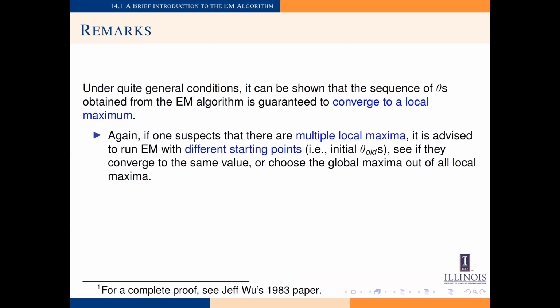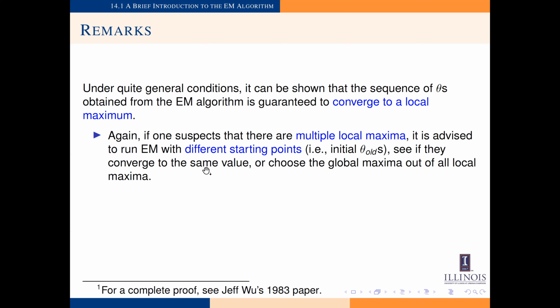Again, like we talked about last week in terms of optimization, most of these methods are designed for finding local instead of global maximums. So if one suspects that there are multiple local maxima, it is advised to run EM with different starting points, in other words, different initial theta olds, and see if they converge to the same value, or if they don't, choose the global maximum out of all local maxima.